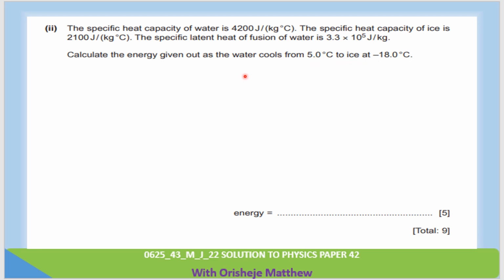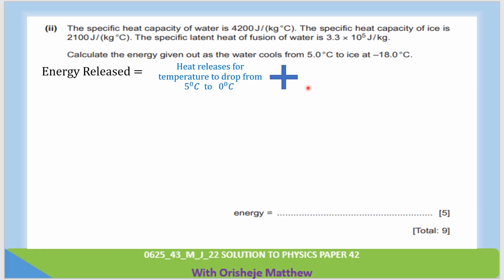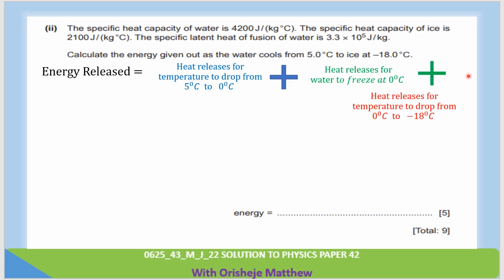Wow, this is change of state. So first of all, the energy released is going to be the heat released to cool the temperature from 5 degrees Celsius to 0. Then you calculate the heat released to freeze the water at 0, and then the heat released to cool the ice from 0 to negative 18.